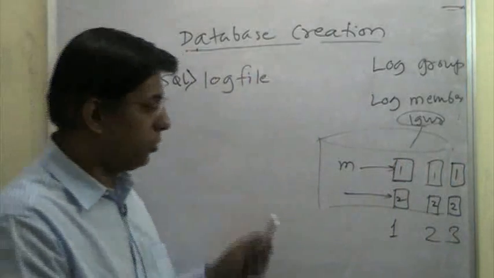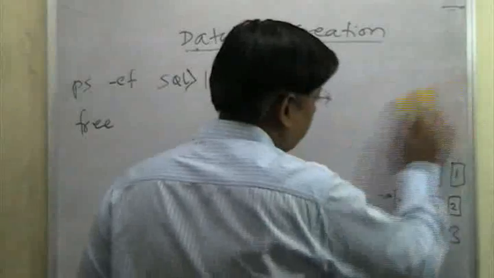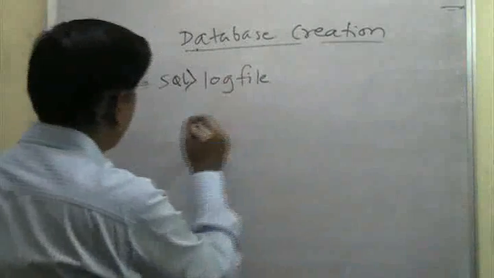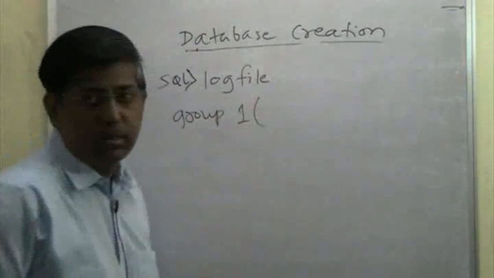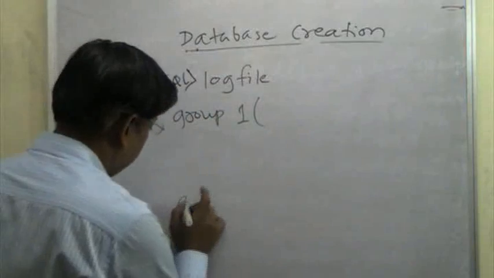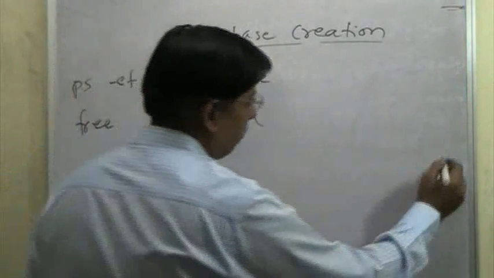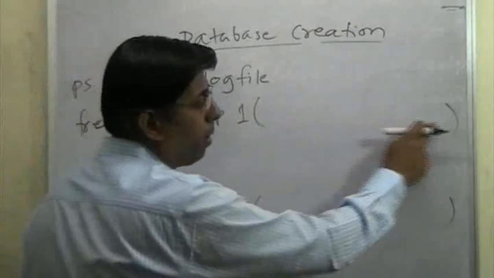So what we are actually going to do is use this terminology, log group and log members. We are going to say logfile group, the first group and the second group. At least 2 groups are required, you can give 3 groups also. Within the first you are going to write the names of the members.